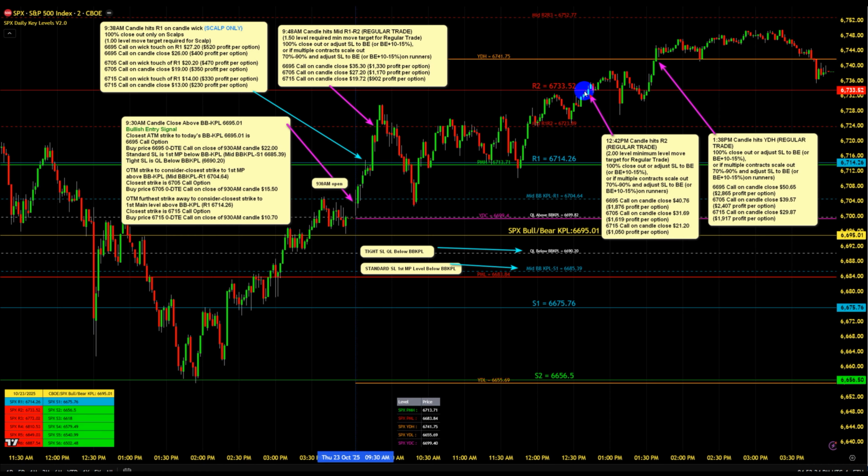And in this particular session, we have the YDH level that is in between the mid level, which would normally be your next waypoint after this R2 level. And so this is another decision making point here. The YDH level is the previous day's RTH session high. So this is a very important level here.